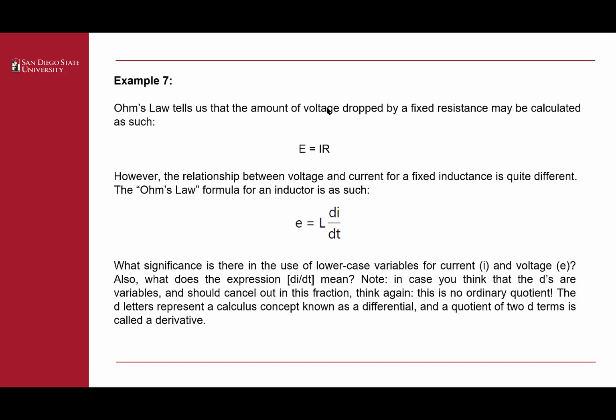The use of capital letters and lowercase letters for the variables usually means that the capital letters stand for time constant variables, and lowercase letters are for time varying variables. This is a common notation, but it's not used all the time, so just keep that in mind.